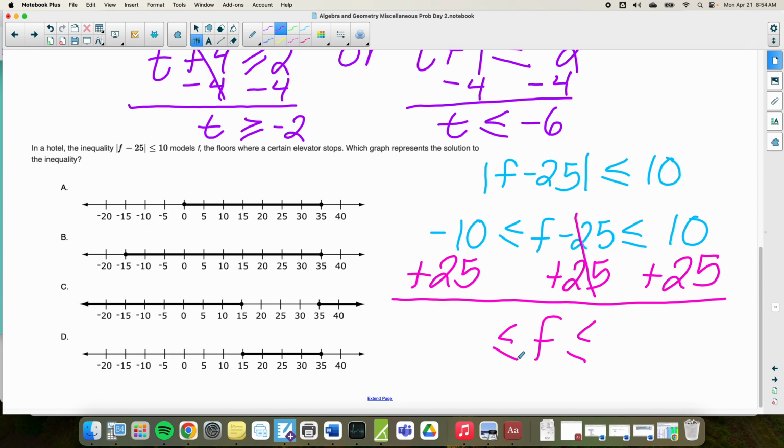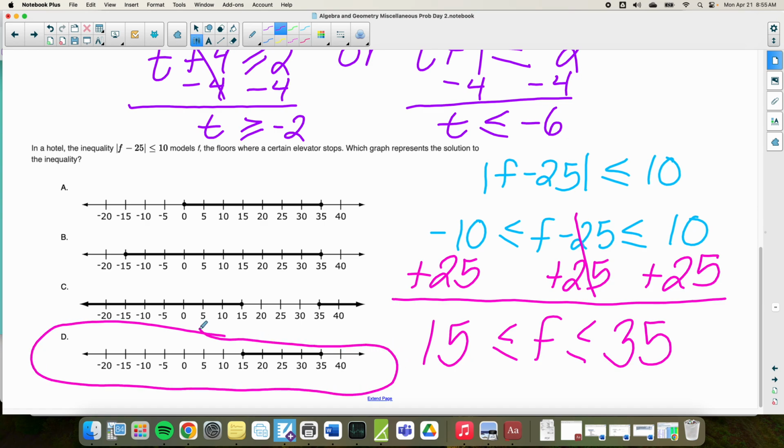Negative 10 plus 25 is 15, and 10 plus 25 is 35. Now, when you have a variable in between like that, that means your graph is going to be in the middle of those two numbers. So you're going to want a closed circle at 15, a closed circle at 35, and F is in between there. So it'd be this one right here.